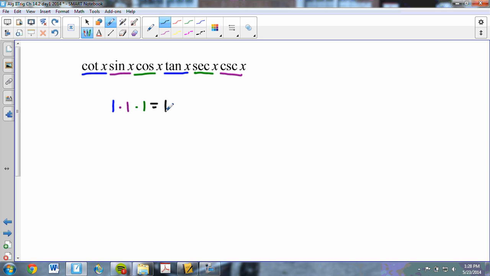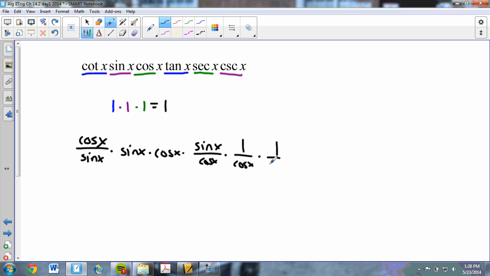If we'd broken it down into its sines and cosines, we would have cosine over sine times sine over cosine times 1 over cosine times 1 over sine.